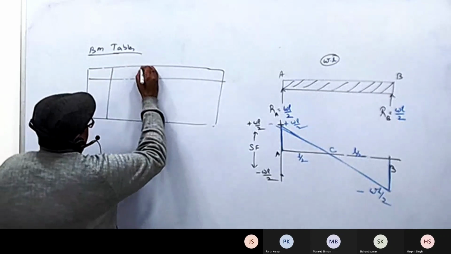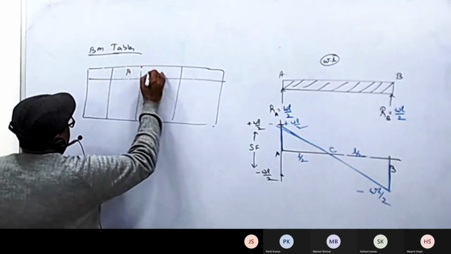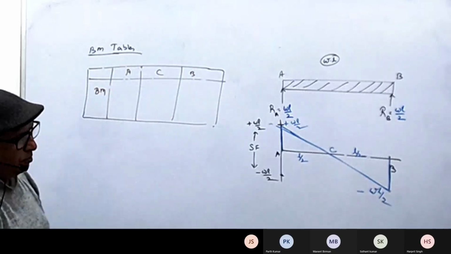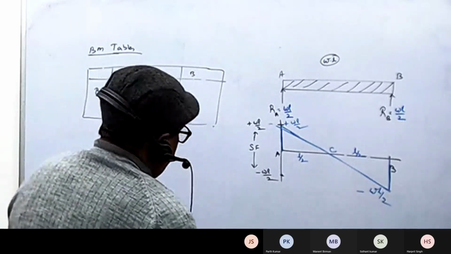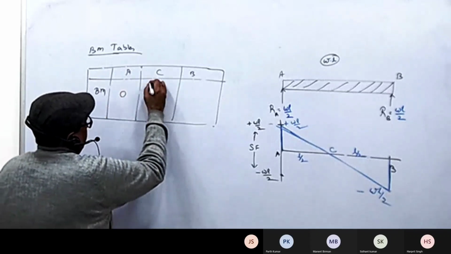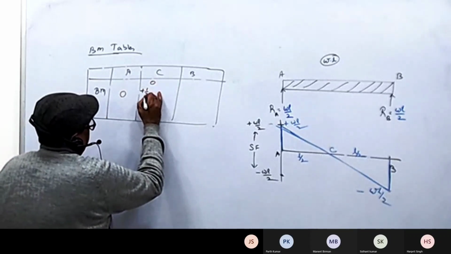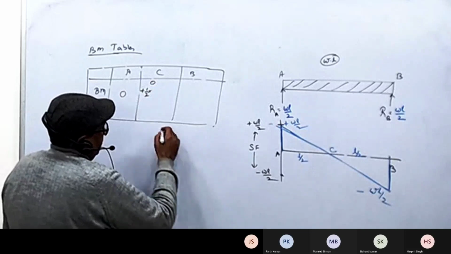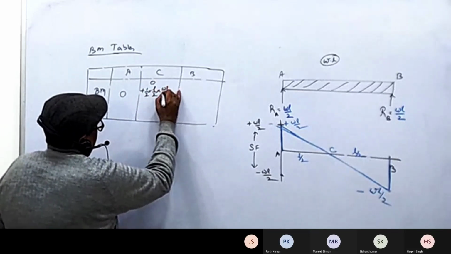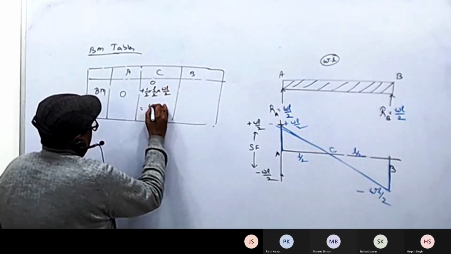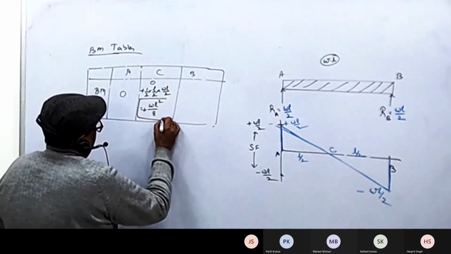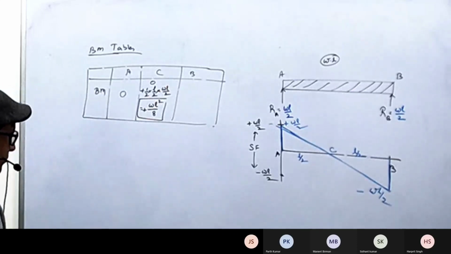Bending moment, since the units of force are not known, we cannot give units to bending moment. It is 0 at A. I carry forward plus half into area. Base is L by 2 and perpendicular is WL by 2. This makes it WL square by 8, so plus WL square by 8.